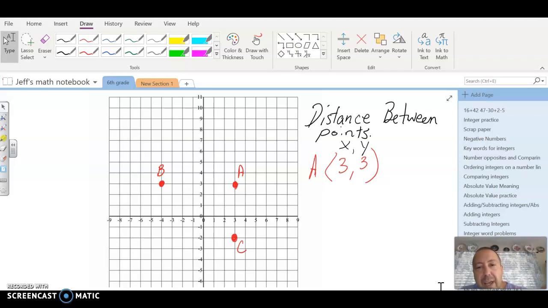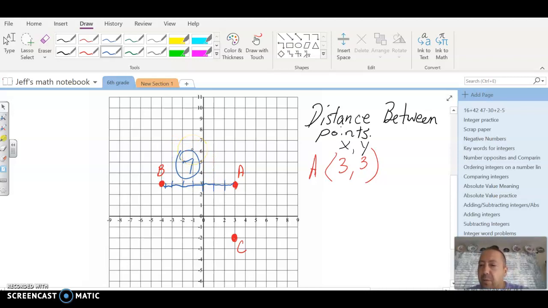If we're looking at point A, we have the coordinates of 3, 3. Right now we're going to find the distance between A and B. So we want to go from A to B. Now we can simply count them and say, all right, if I start at A, then I have 1, 2, 3, 4, 5, 6, 7 units.